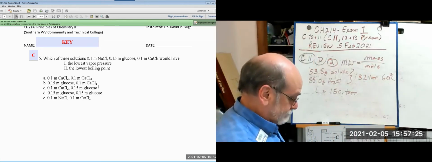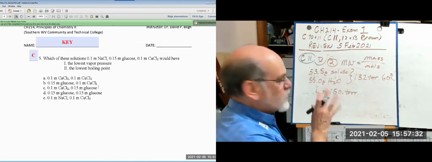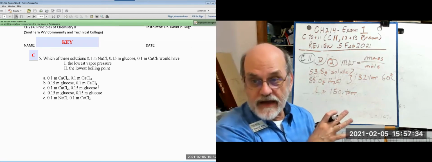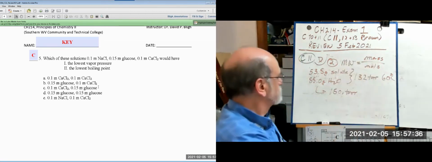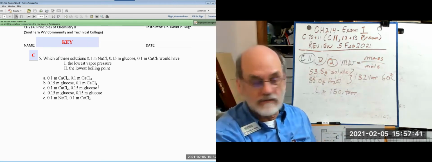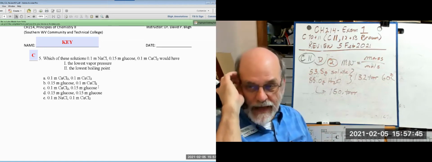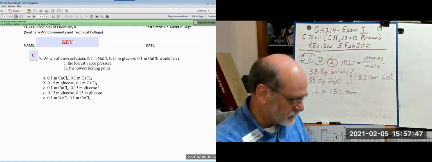Do we have anything already given to us that can fit into that formula? We've got the mass of the solute, right? So now all we need to do is find the moles of the solute. How many moles of solute are we talking about?